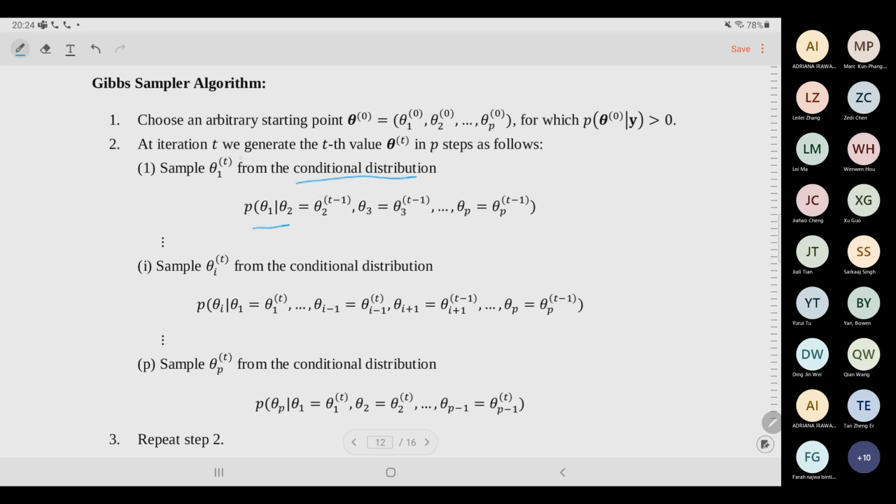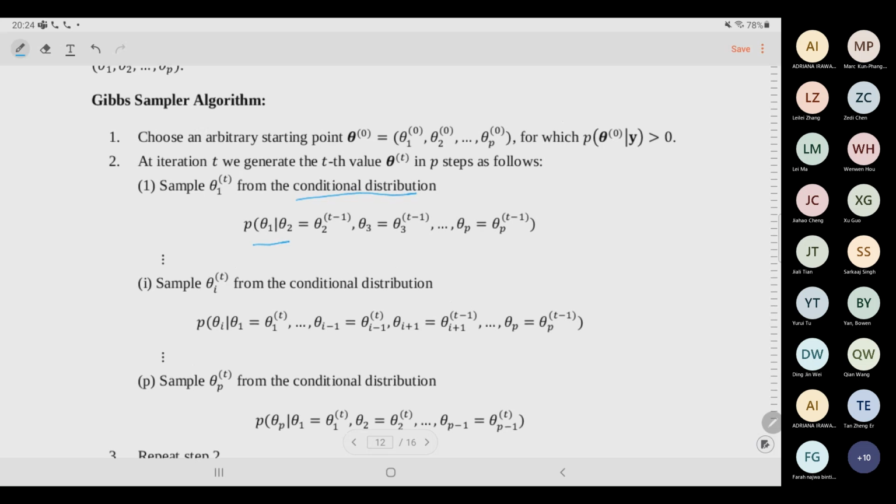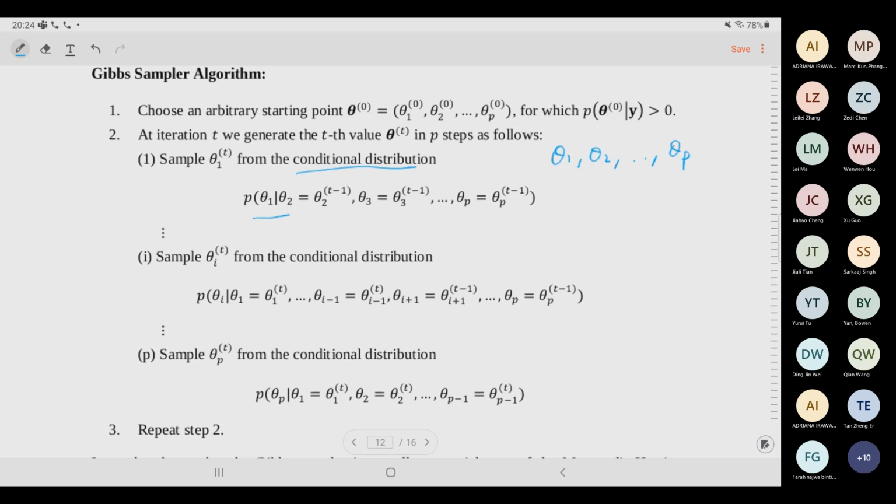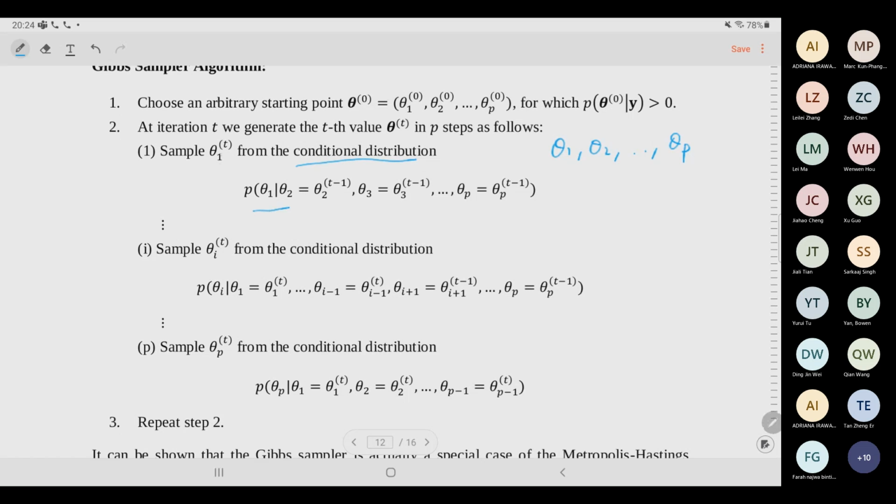So this is where you have to order it. The ordering is theta 1, theta 2, until theta P. So assuming we update theta 1 first, then theta 2, then theta 3, up to theta P, it means that at time t, if we update theta 1 first, theta 2, theta 3, theta 4, up to theta P are not updated yet.